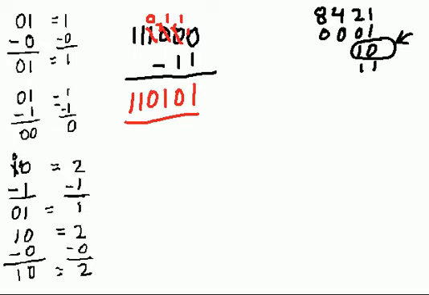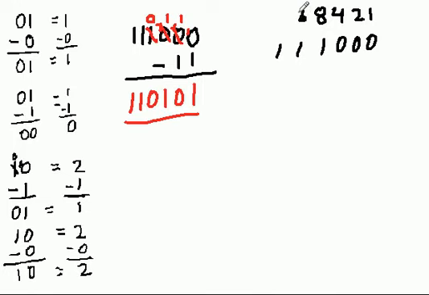Well, can you really be sure this is right? Let's check on that. Well, using the 8-4-2-1 system, what is 111000, our original number? Let's write those down. That was 0, 0, and a 0, and a 1, a 1, and a 1. This would be 16. And double that, that'll be 32.